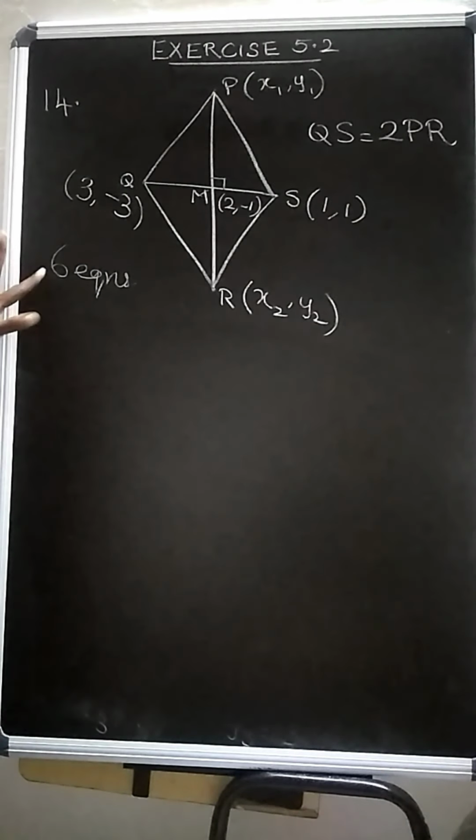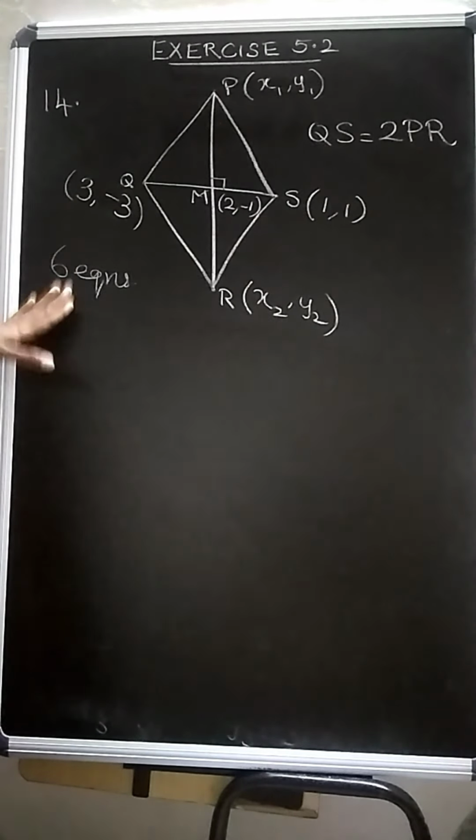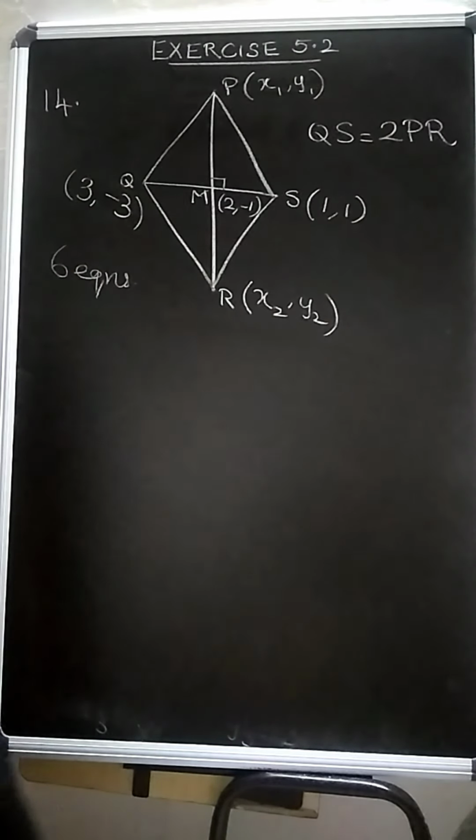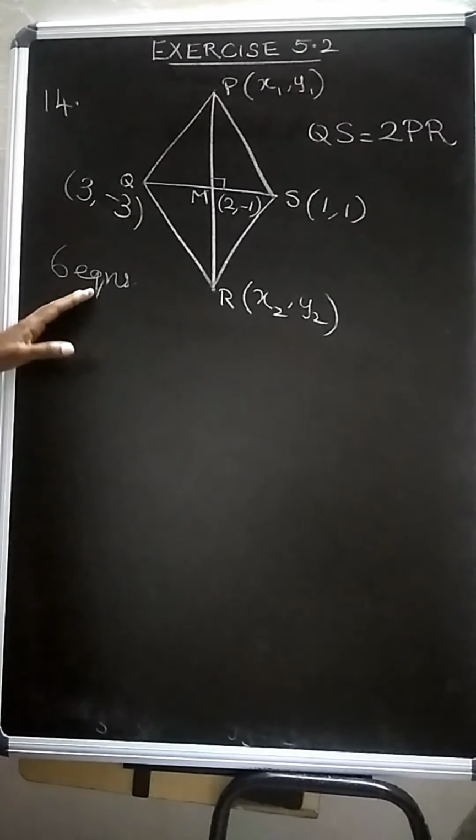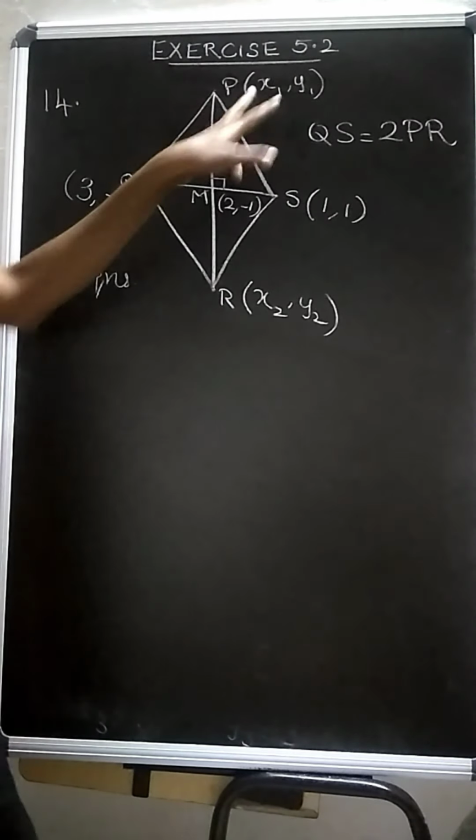Now 2 equations are over. With the 2 equations we have found the values of Q. Now you need how many more equations? 4 equations to find these.